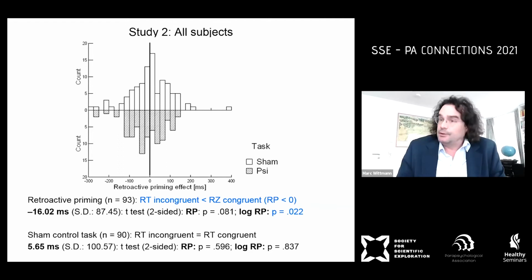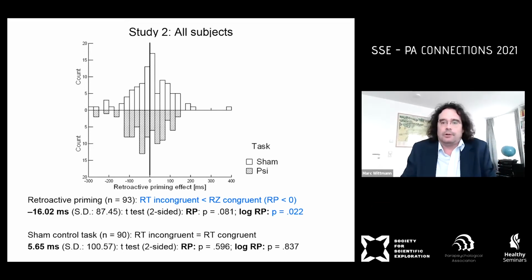So, study 2 with all subjects. What happens here? We have the retroactive priming task, first of all. And what we see here is that overall subjects, the reaction time to the incongruent trials is smaller than to the congruent trials.